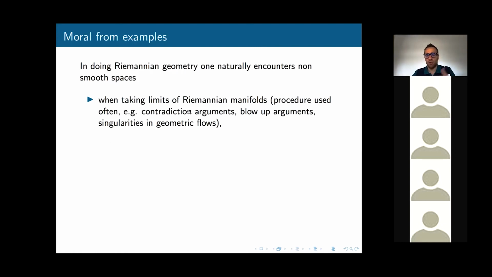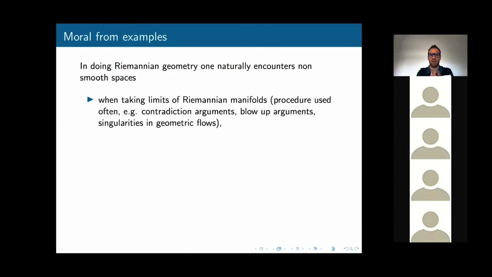Taking limits is also very much used in blow-up arguments, typically when one runs into singularities. Geometric flows typically develop singularities. You are seeing this in the beautiful lectures by Bamler this week.